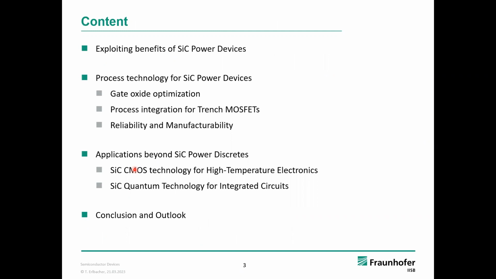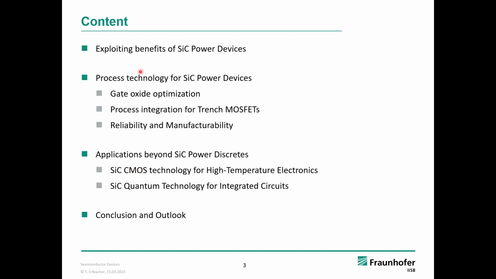exploiting the benefits of silicon carbide power devices. I'm pretty sure most of you have already heard about its application in traction inverters for electric vehicles, but today I want to go a little further and make an example with DC grids, which is another possible driving force for silicon carbide if the cost of the devices becomes lower.